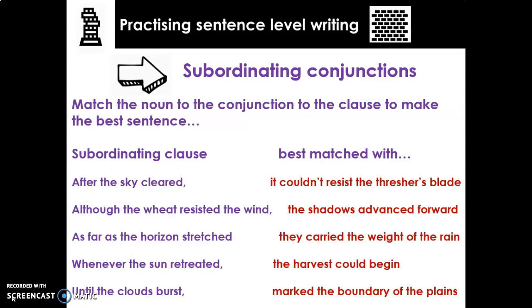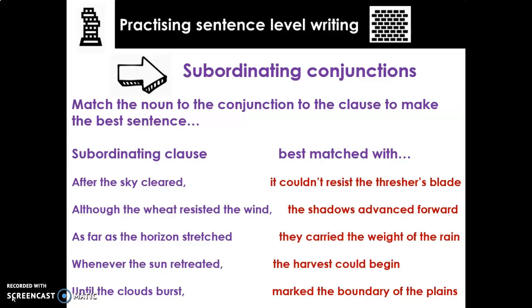Okay, they're connected. So after the sky cleared, it couldn't resist the thresher's blade. There is no relationship between those two elements. That sentence wouldn't work. Okay, so there is this sense that when we're building subordinate clauses into sentences, we are looking to make sure that there is a relationship to what comes next. So your job is to decide which is the best match.